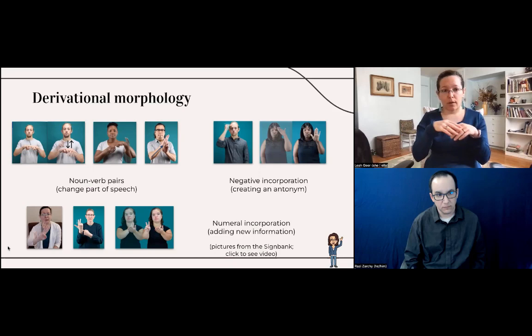Also, with derivational morphology, we've got some additional slides that we'll look at with the numerical systems. So for age, from age 1 to age 9, they share the same movement.